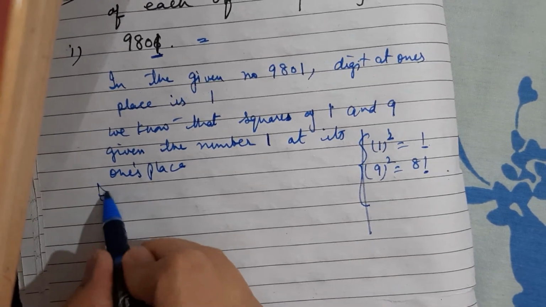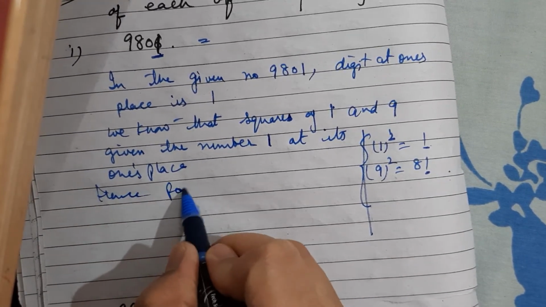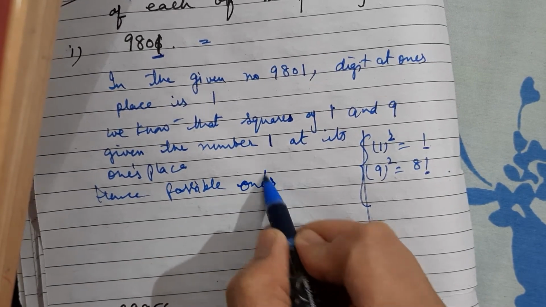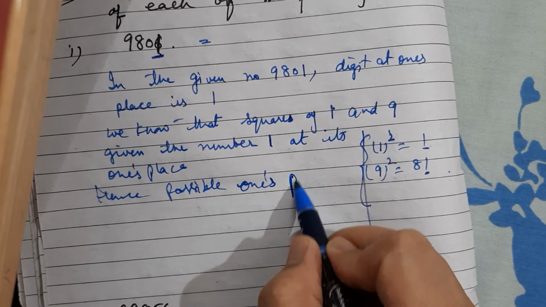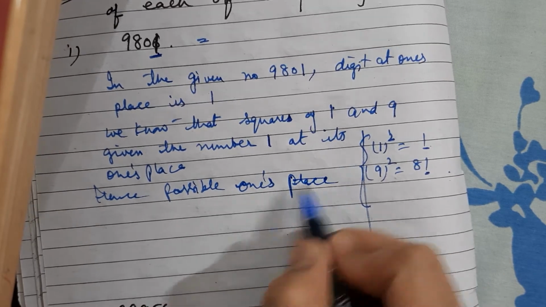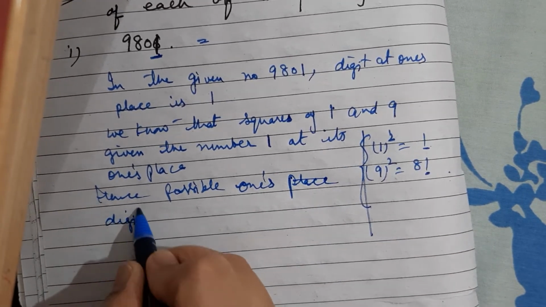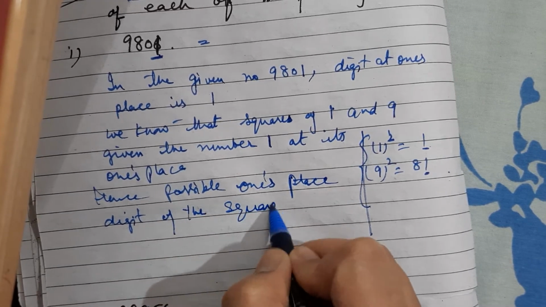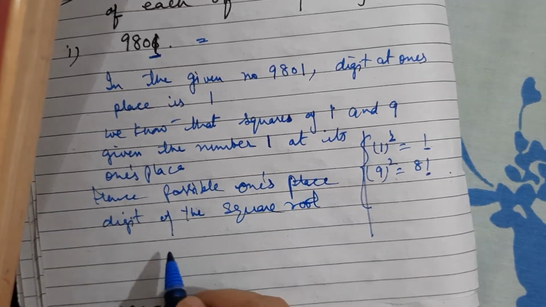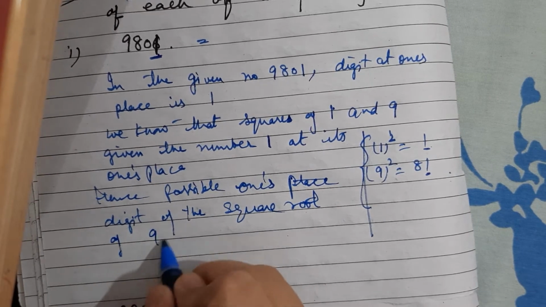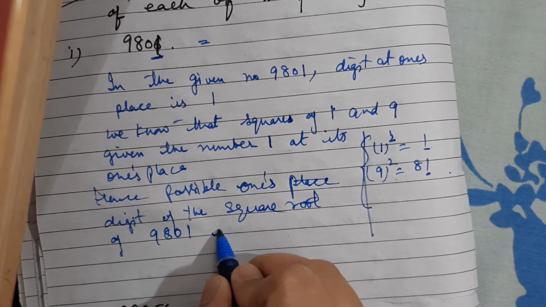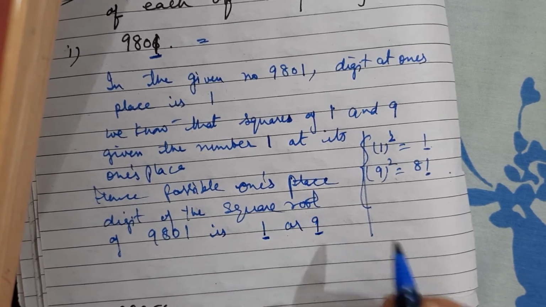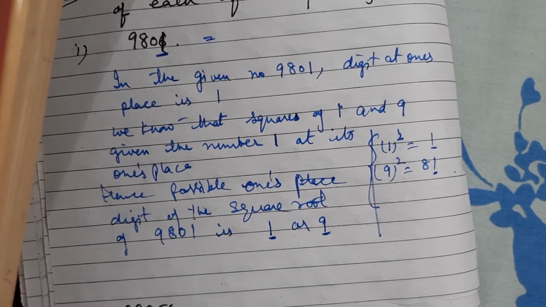So hence possible ones place or ones digit of the square root of 9801 is 1 or 9. So either it can be 1 or it can be 9.